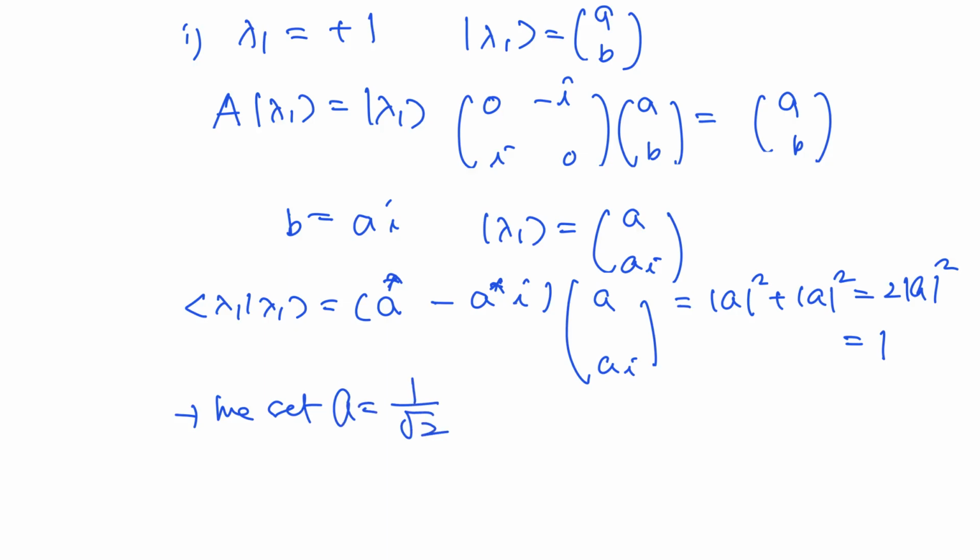So the eigenvector for lambda 1 is 1 over square root of 2, times 1, i.